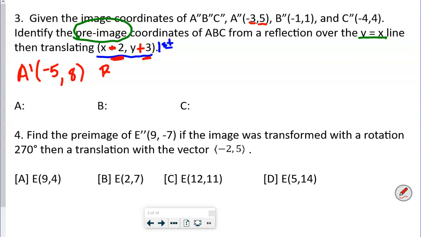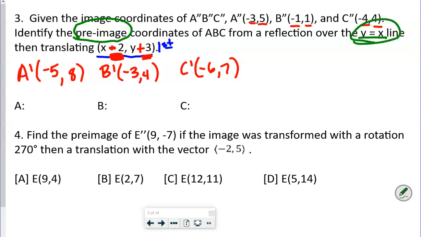We're going to do that with B as well. B prime would be negative 1 again, minus 2, so that would be negative 3, and we're going to do 1 plus 3, so that's 4. And then we're going to do C prime, negative 4 again, minus 2. This is going to be negative 6, and 4 plus 3 is going to be 7. Now, we already said that the next thing we're going to do is this, right?